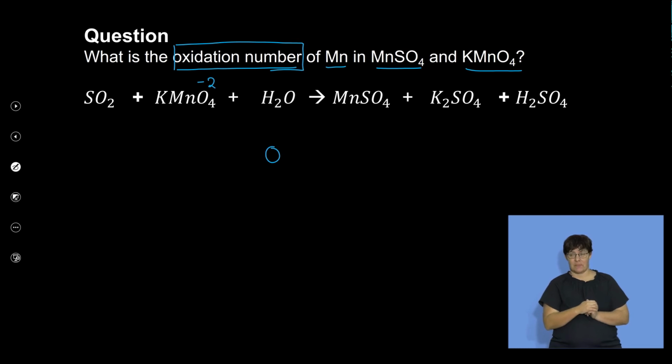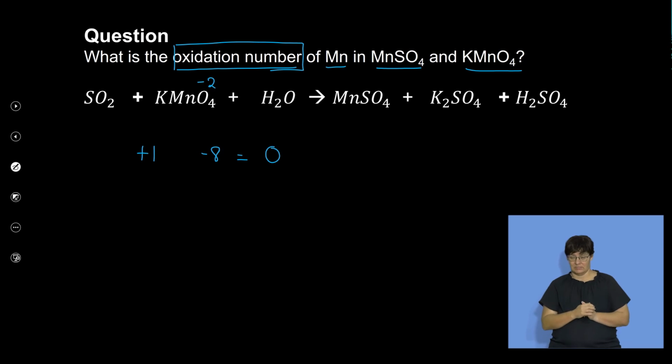If there are 4 atoms per formula unit, then the total for oxygen is -8. And then potassium, as a group 1 alkali metal in its combined state, has a unit oxidation number of +1.